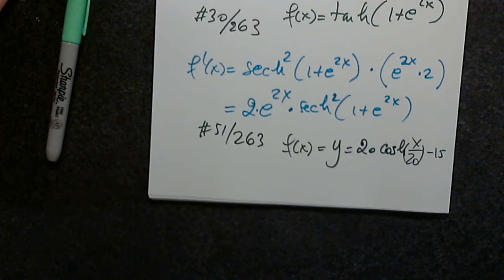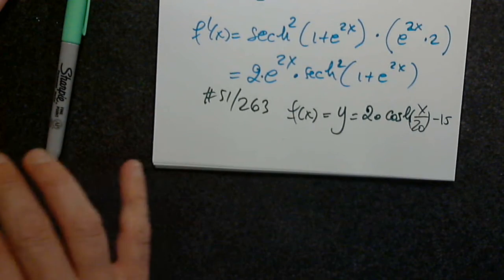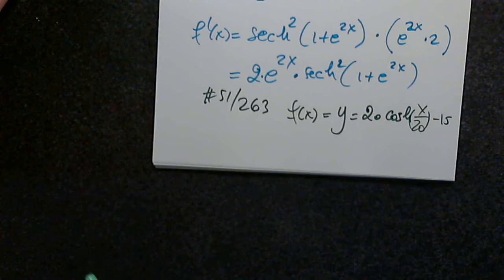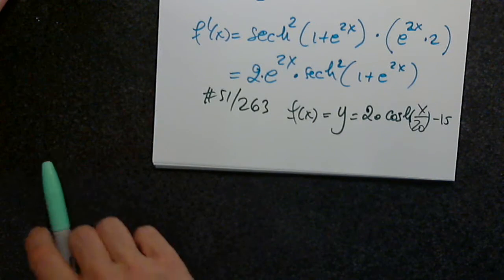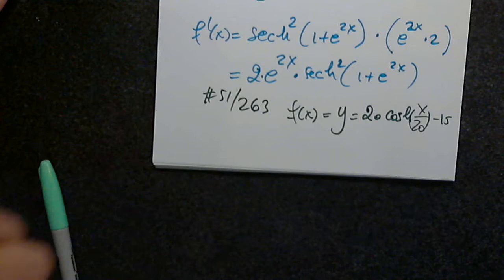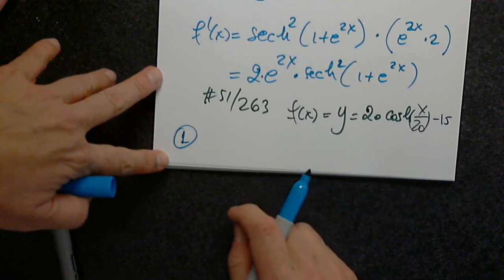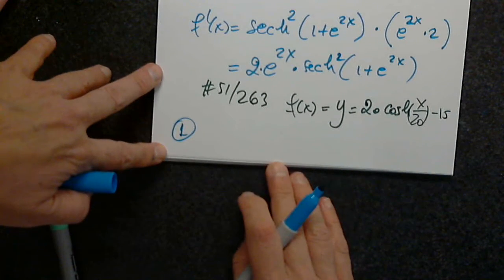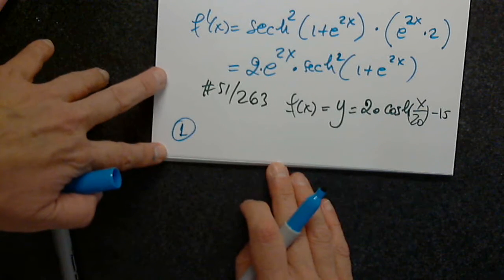The 15 is outside and has nothing to do with hyperbolic cosine. So first they're asking us to find the slope of this curve where it meets the right pole. What do I have to find first? We find the derivative. Good.